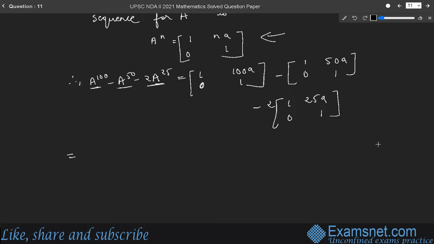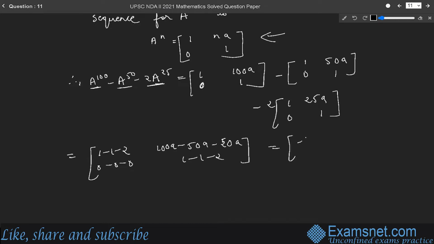So, on further solving, it will be equal to [1 minus 2, 100a minus 50a minus 50a; 0 minus 0 minus 0, 1 minus 2]. So, it will be equal to [minus 2, 0; 0, minus 2], which equals minus 2. So, the value for the given expression will be minus 2.